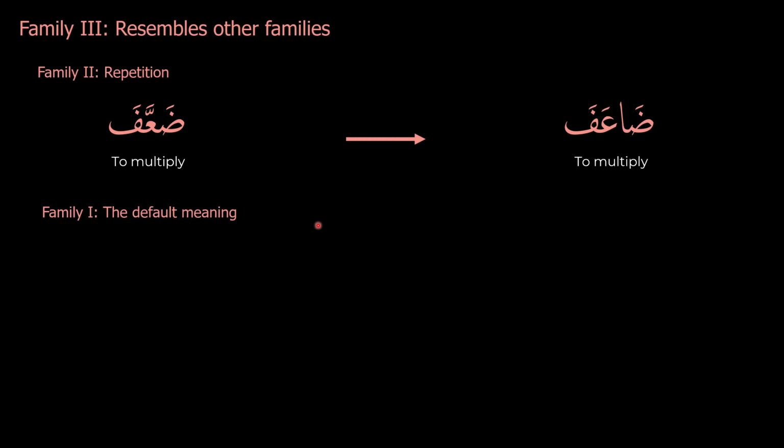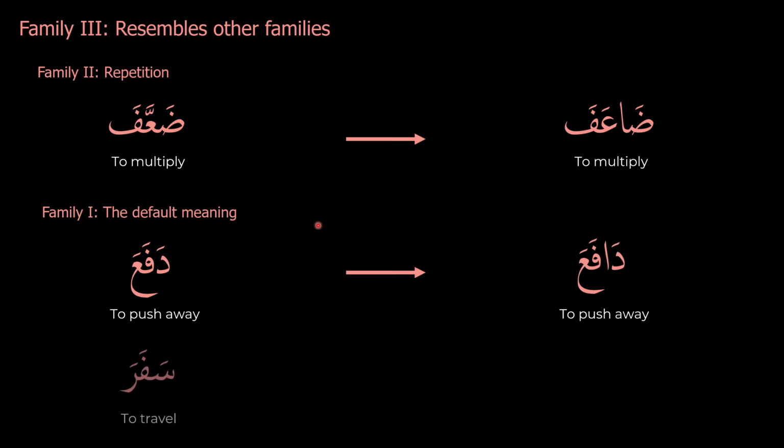It also resembles family number 1, so it can have the default meaning as well. So دفع is to push away, and then دافع is also to push away. And finally, another example is with safara, which is to travel, and then safara is also to travel. So again, if you put it into family 3, it still has the same meaning as family 1.